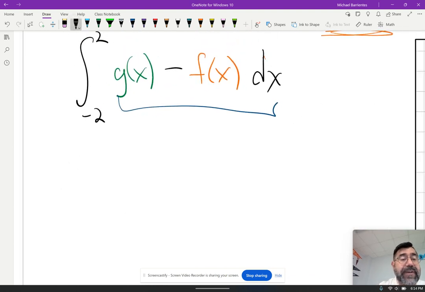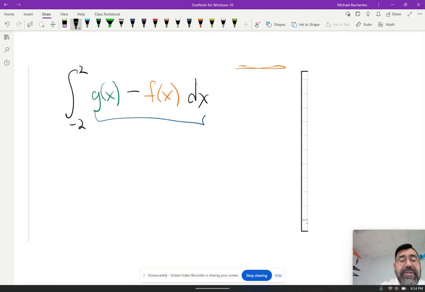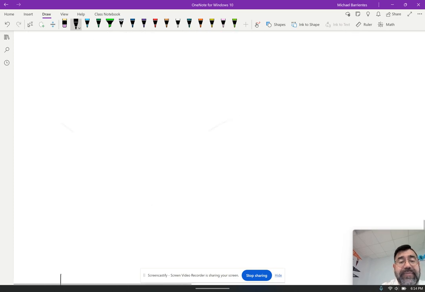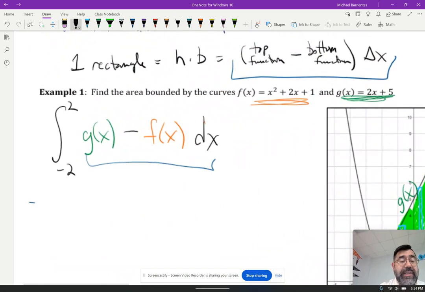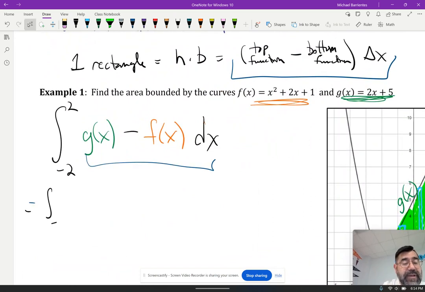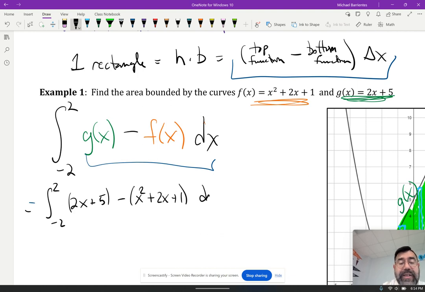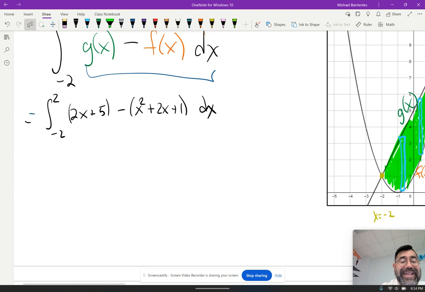Great. Can I figure this out? This is equal to the integral from negative 2 to 2 of the top function minus the bottom function. Why am I using parentheses? Because when I'm subtracting the second one, I have to make sure that I keep track of all the minus signs here.